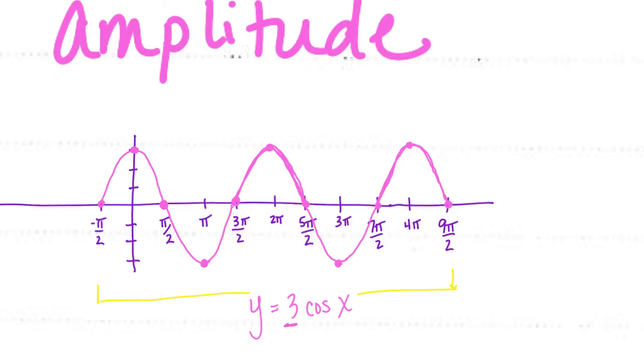Okay, if it was a negative 3, we would have started down here. And that's how you make this pretty graph for your trig art. Some people really like this look, thinks it looks like clouds and stuff. So a negative 3 would start down instead of up.